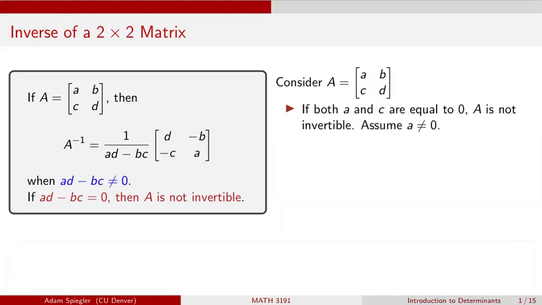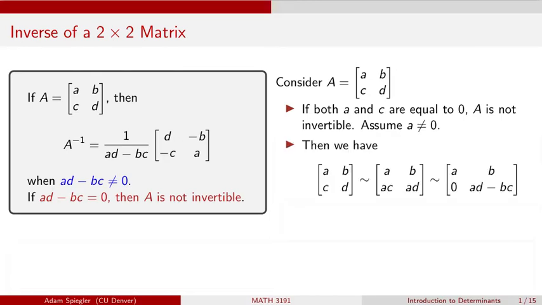Without any loss of generality, let's just assume that A is not 0. If A happens to be 0, then we can just do a row interchange, and suddenly C would be up here in the pivot position. Now let's try to put matrix A into reduced row echelon form, or at least row echelon form.